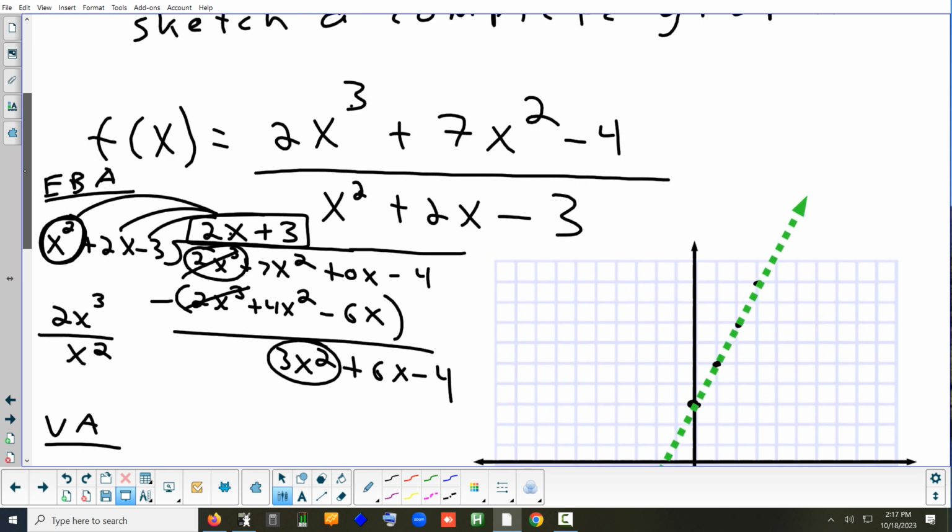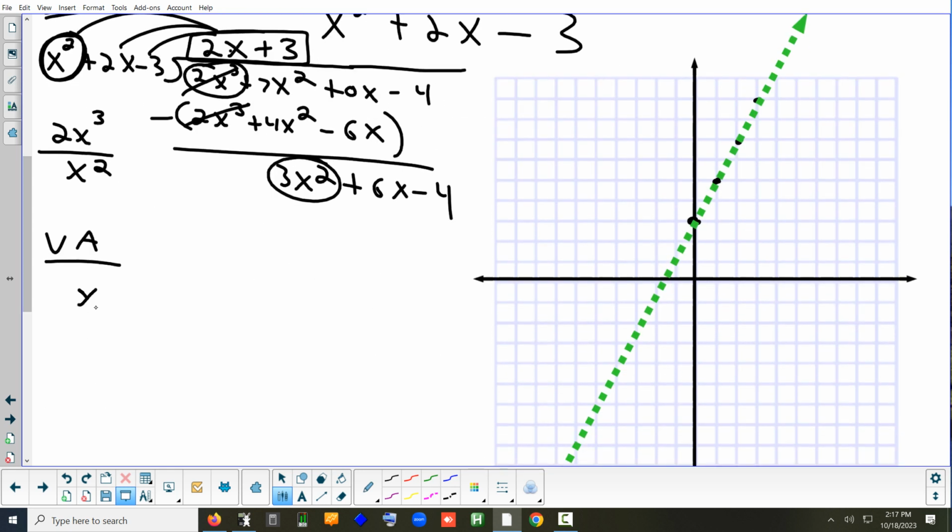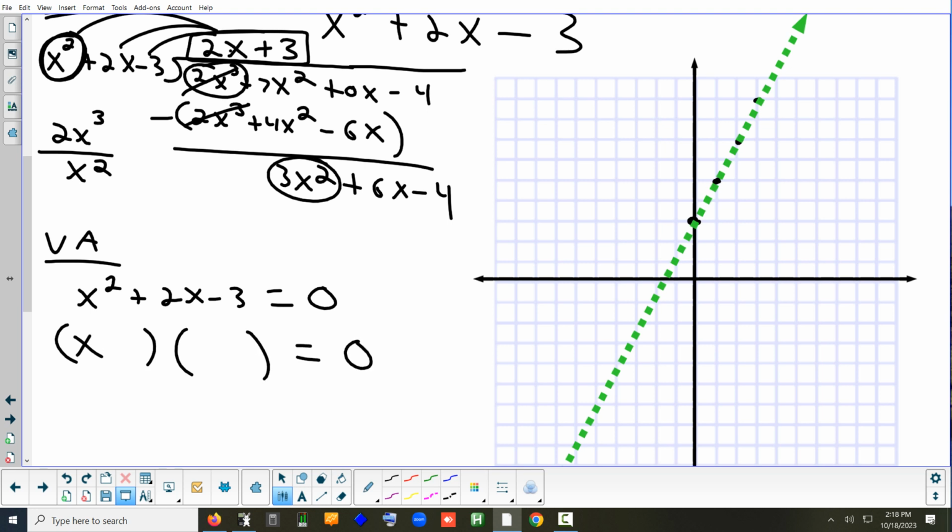Take the denominator, x squared plus 2x minus 3, and set it to 0. I could use the quadratic formula, or what else can I do as long as the numbers work out? Factoring. Yeah, we can factor it. So we'll need an x and an x. What about my signs? Both positive, both negative, or one of each?